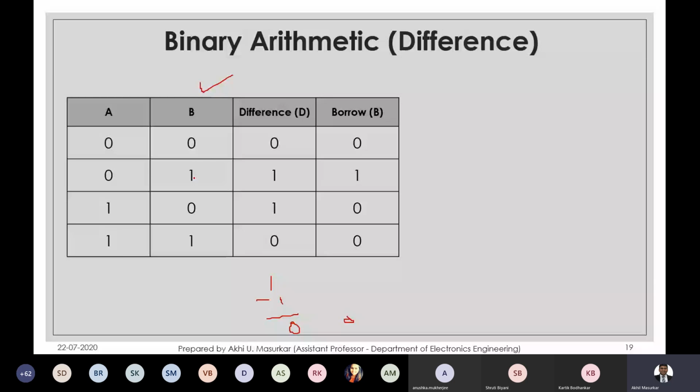Okay, any doubts in this, please ask. This is going to be our fundamental. We will not be using this difference table much, but we will definitely be using our addition table.